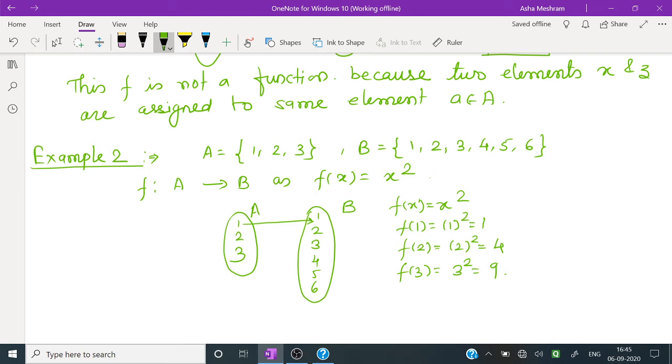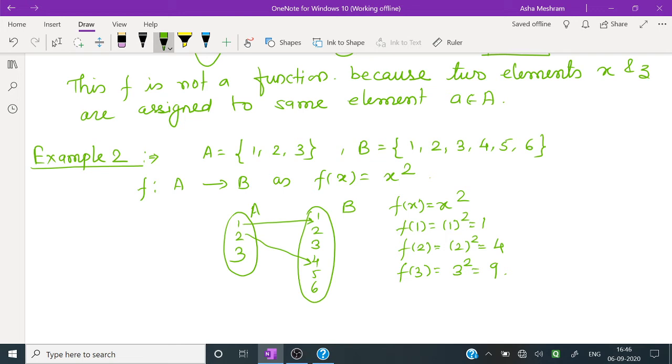So image of 1 is 1, then 2 is mapped to 4 and 3 is mapped to 9, but you cannot see 9 in set B, and we cannot add it because B is already defined as 1, 2, 3, 4, 5, 6. We cannot add extra elements there.